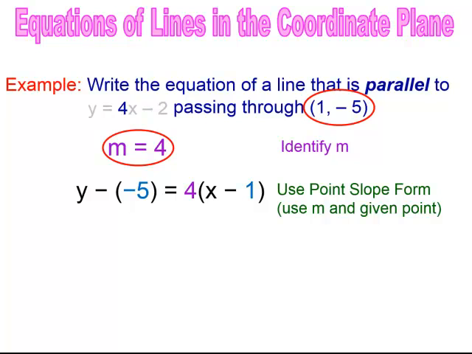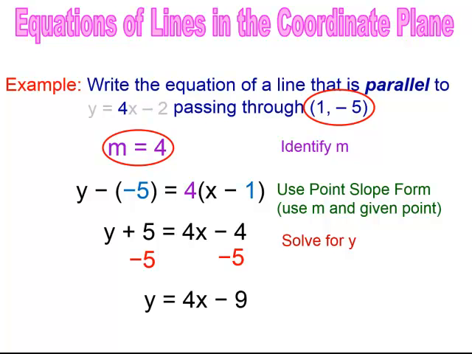So I substituted in. I'm going to solve for y by doing the distributive property, and then I'm going to subtract 5, and I get my equation of the line. So y equals 4x minus 9 is parallel to the given line y equals 4x minus 2.